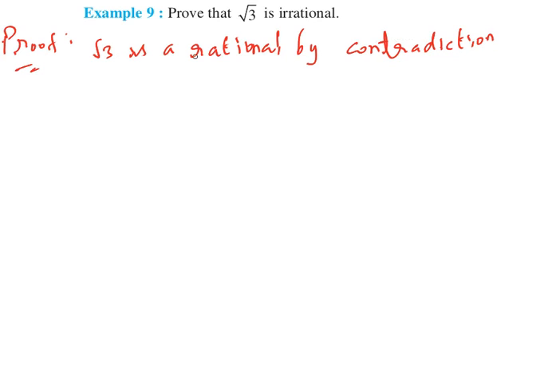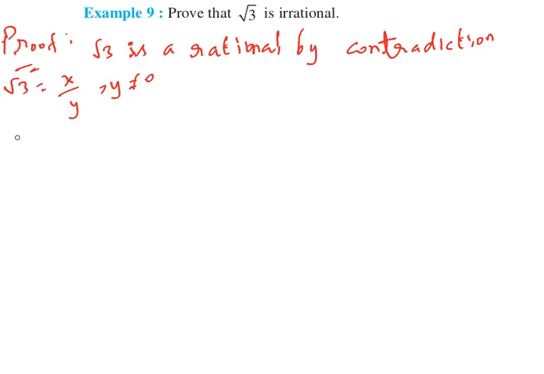Root 3 is not a rational number, but by contradiction we are assuming that root 3 is a rational number. So root 3 can be written in the form of x by y and y not equal to 0.